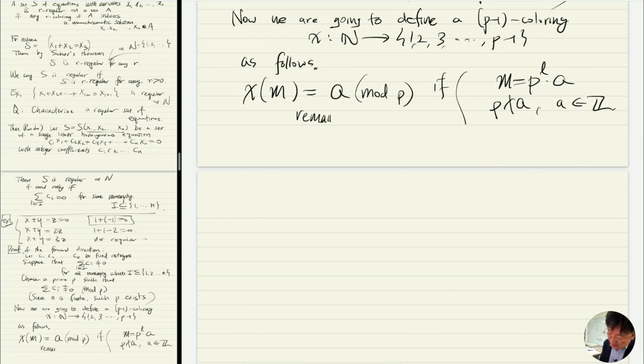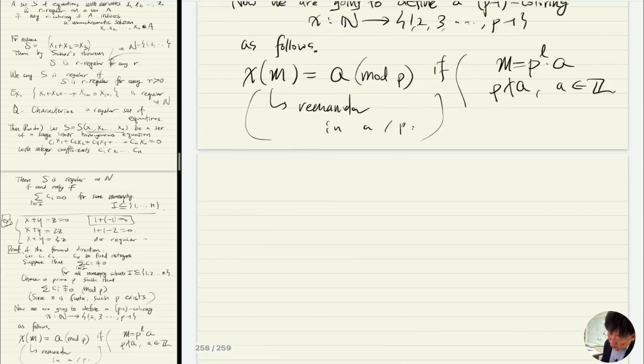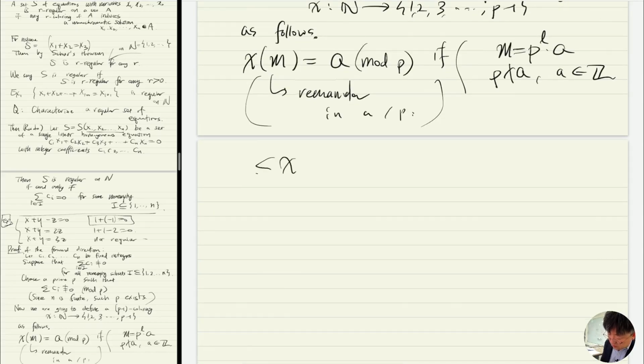So the color is the remainder of A divided by P. So the color is from 0 to P minus 1, right?